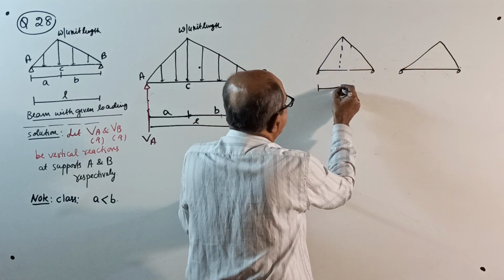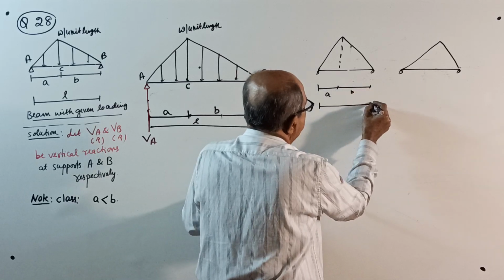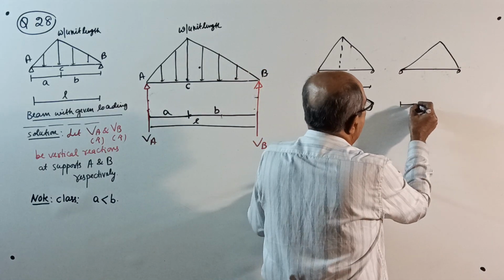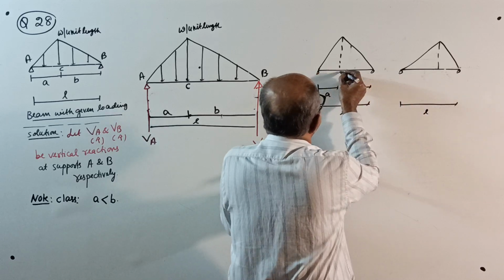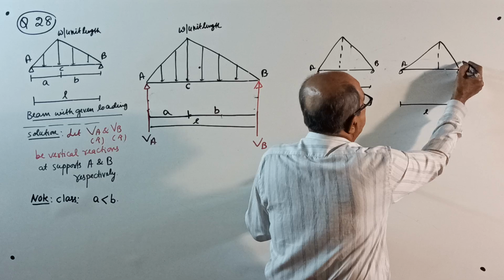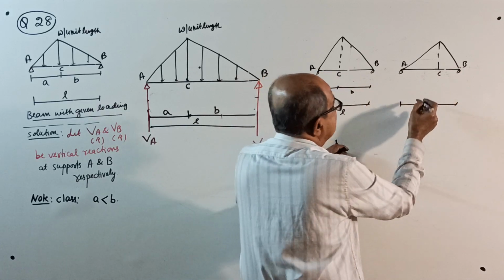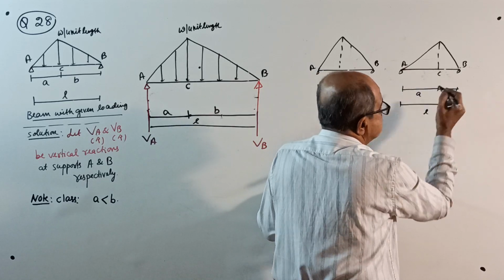I will call this A, this B. Total span is L. For the starting question, I will take span L. This is not the center. If I call ABC, this is not the center, it is the point where intensity is maximum. I will call the left side as a and the right side as b.